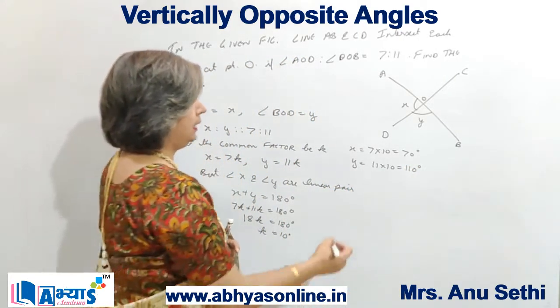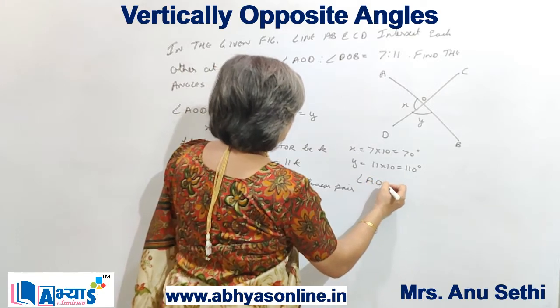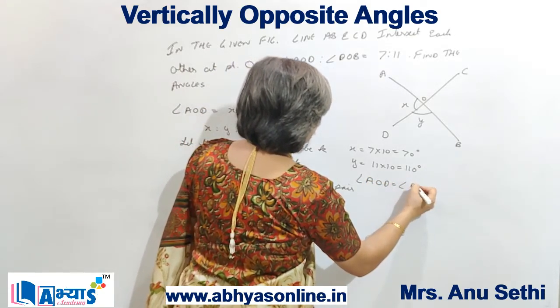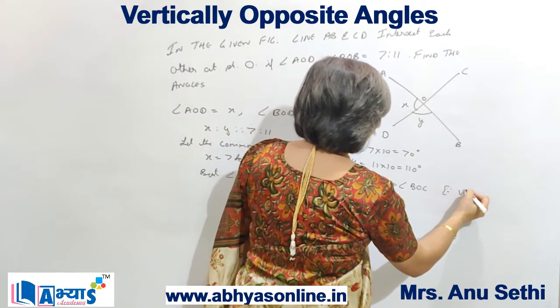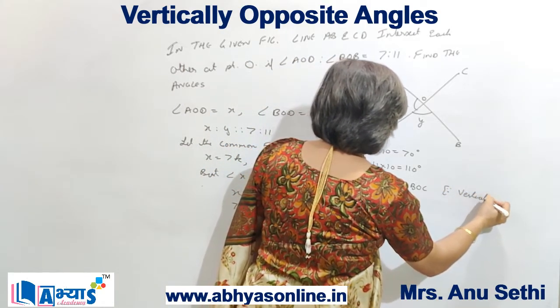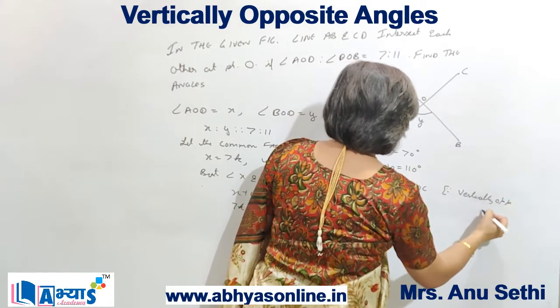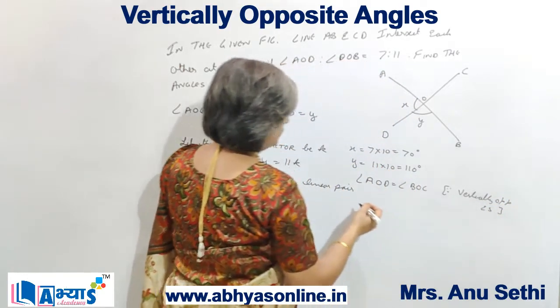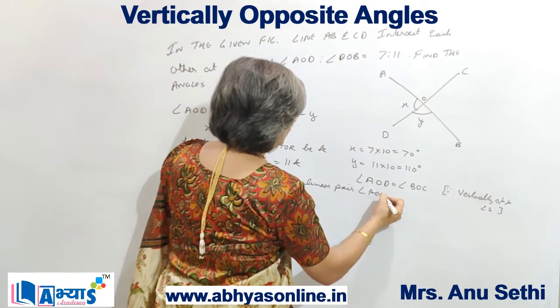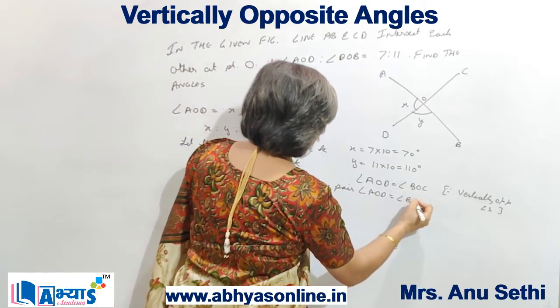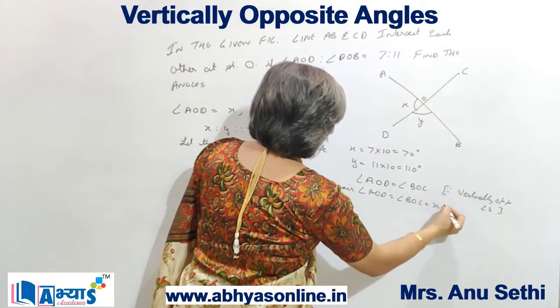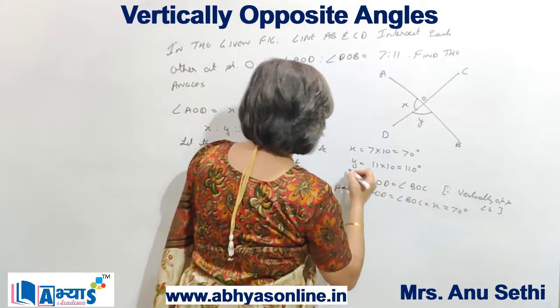Now angle AOD is equal to angle BOC, the reason being vertically opposite angles. So angle AOD is equal to angle BOC is equal to x, that means 70 degrees.